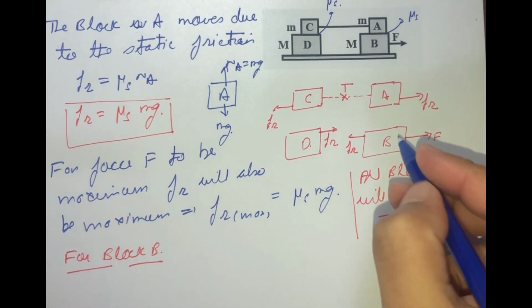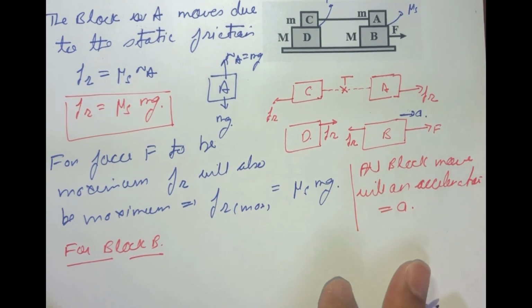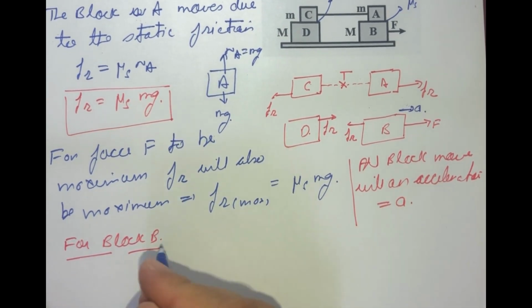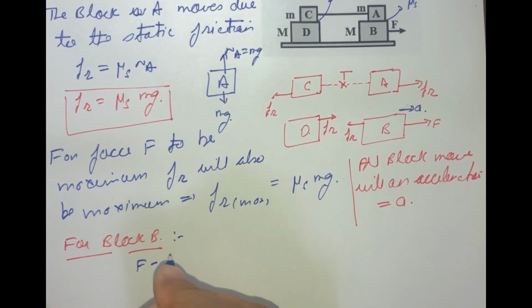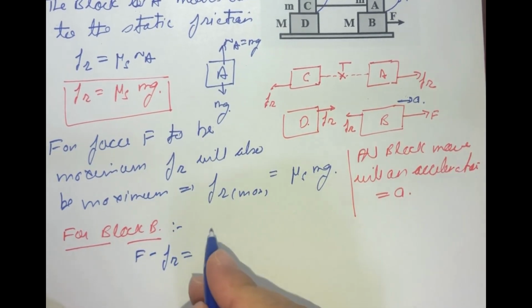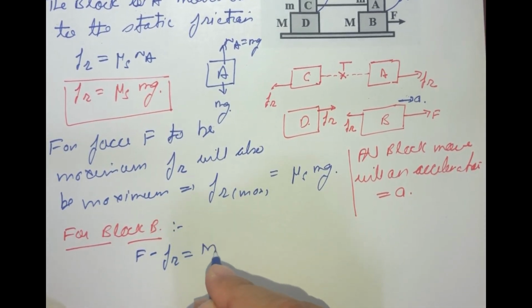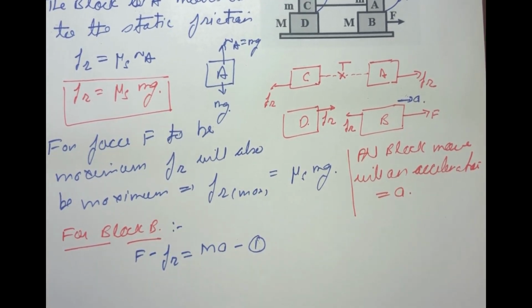So block B will be moving with the acceleration a towards the right side. So we can say that F minus Fr will be equal to its mass, which is capital M, times a, so we get MA. Let this be equation number 1.